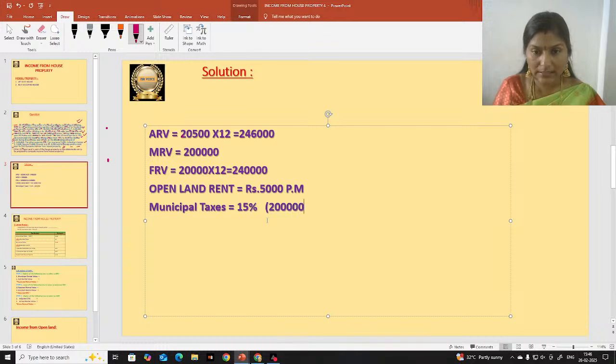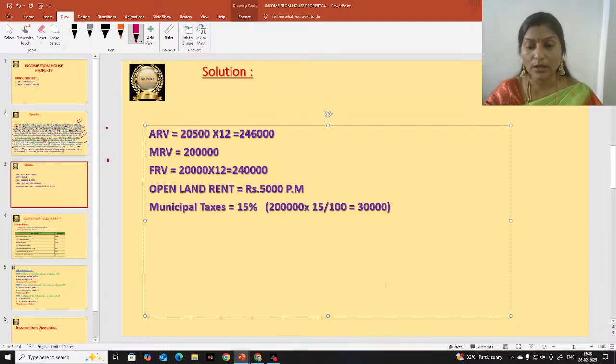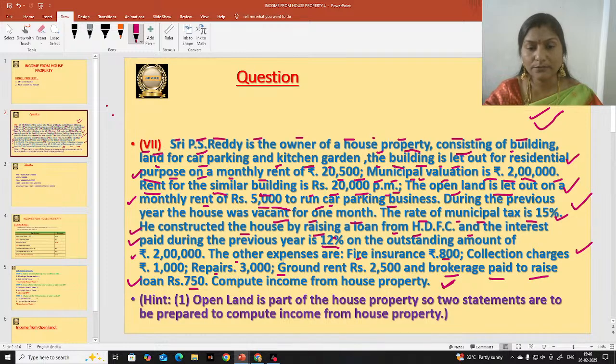So 2 lakhs into 15 by 100. We will get 30,000. So 30,000 is the municipal taxes amount. We will give that as a deduction in the statement from gross annual value. Let us go and see the next one.